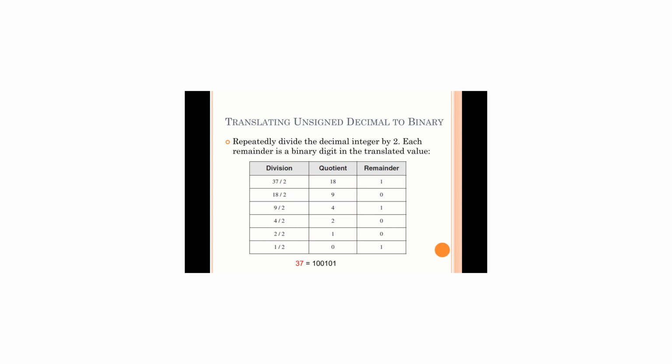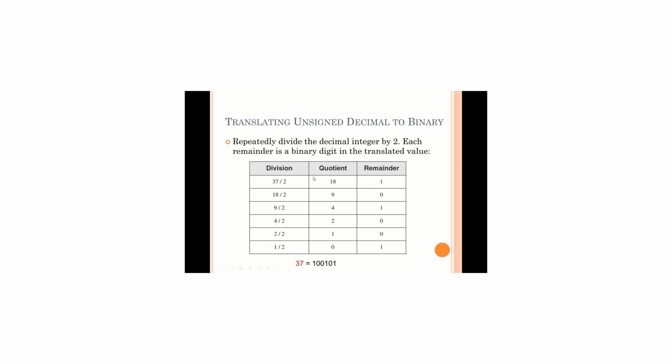How do you translate unsigned decimal to binary, meaning positive integer decimal numbers to binary? So the way it works is that you take a number, let's say 37, okay? You repeatedly divide the number by 2.